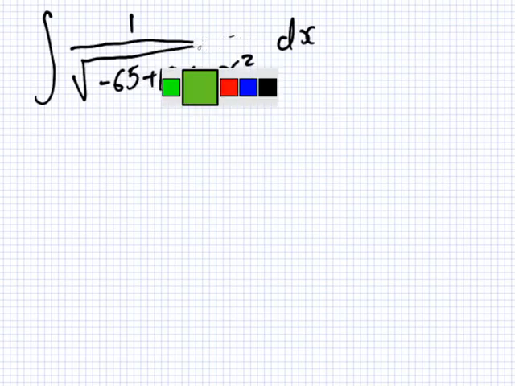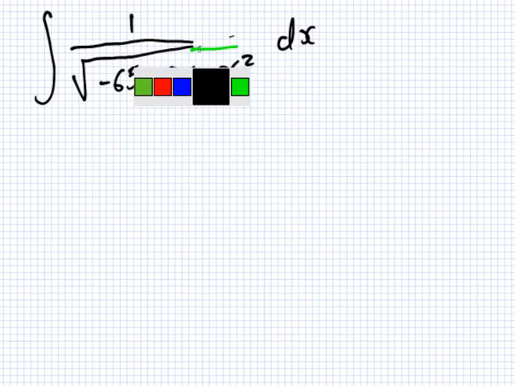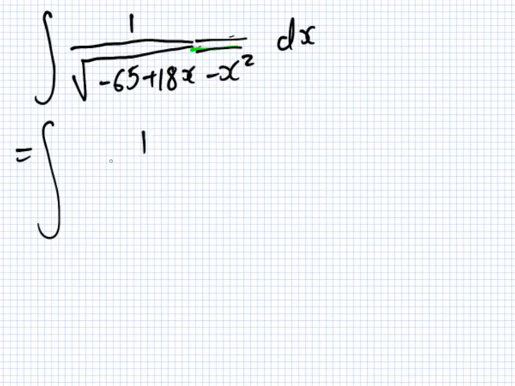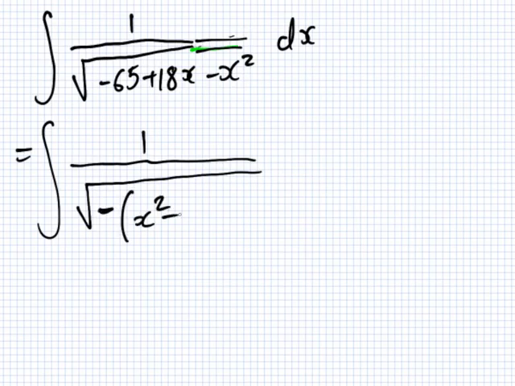There is no formula here. But before I do that, I'll take a minus out. So I'll have x squared minus 18x plus 65.